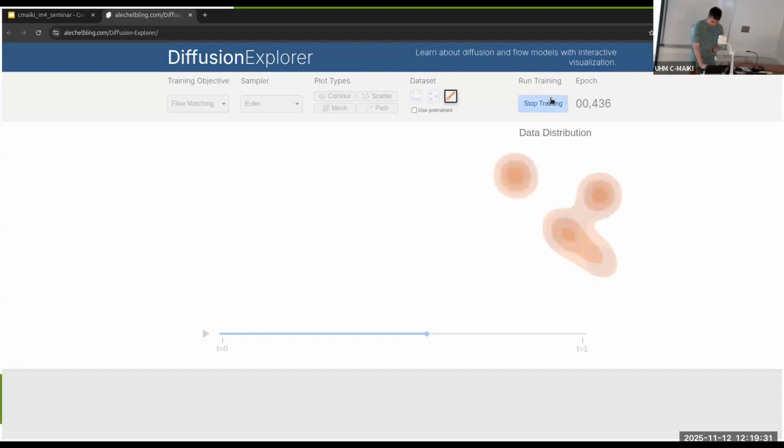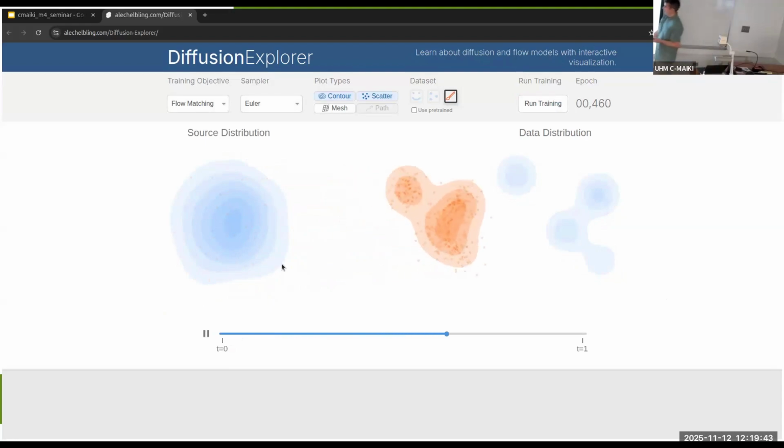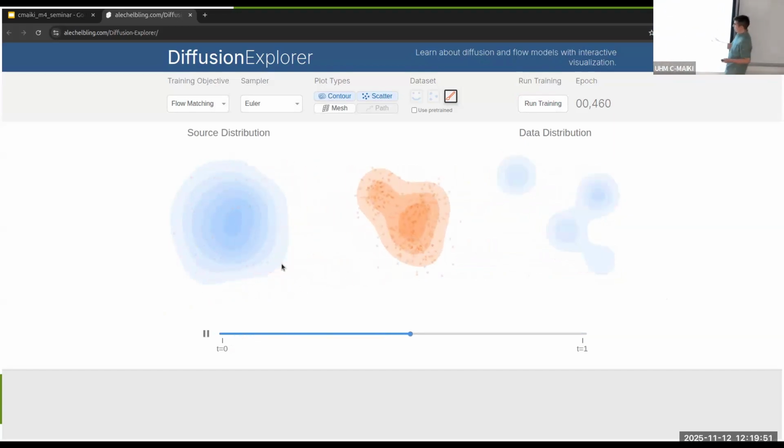And I'm going to say that's good enough. And then when I want to sample, I sample from a normal distribution, and then the model that I learned maps my sample to one of these positions. And this allows me to sample from this complicated distribution.